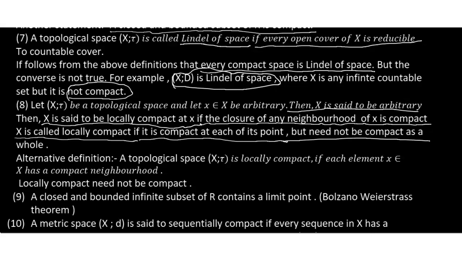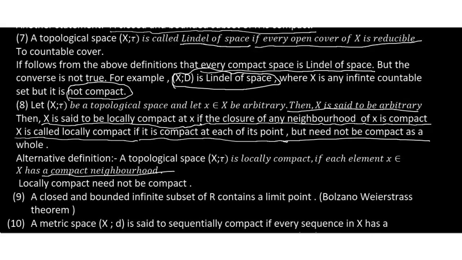X is called locally compact if it is compact at each of its points. Alternative definition: a topological space (X, tau) is locally compact if each element x of X has a compact neighborhood. Locally compact need not be compact.